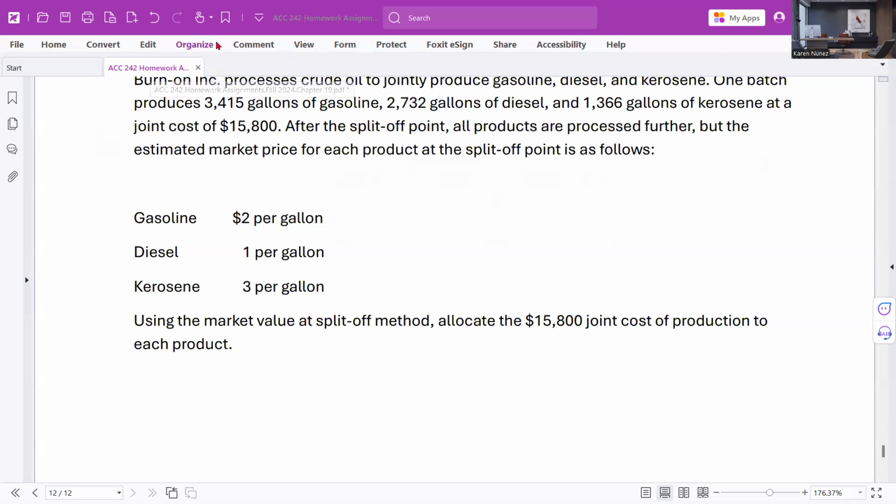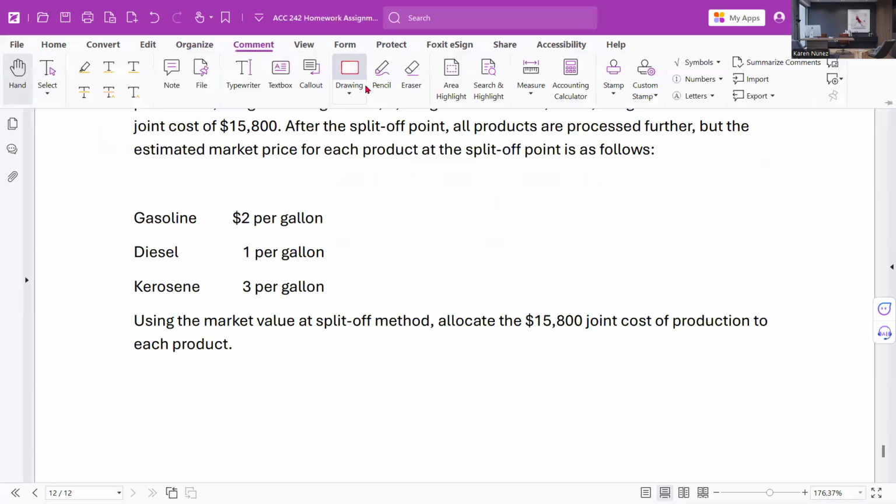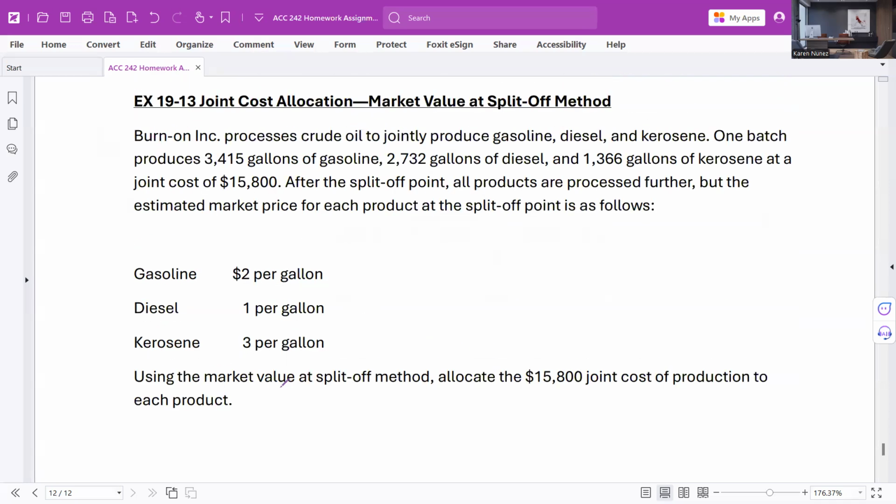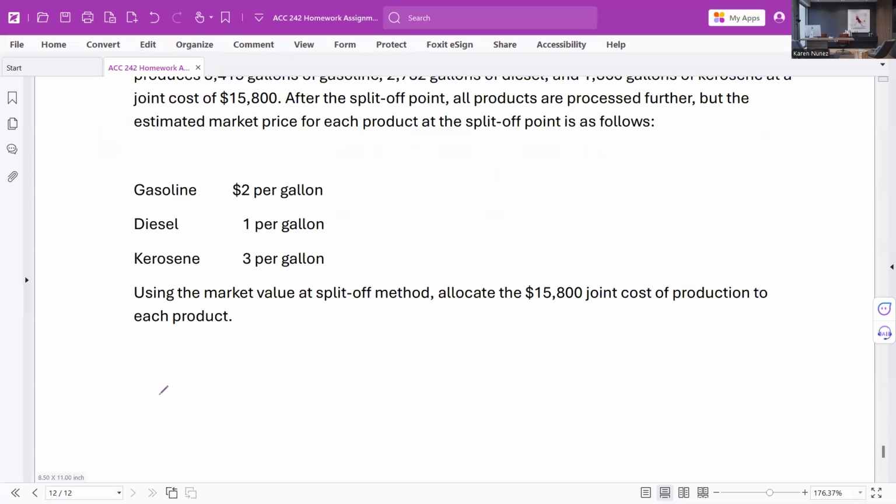So we have, in this case, the processing of crude oil, right? So you put the crude oil into the process, and you end up with again three separable products: gasoline, diesel, and kerosene.